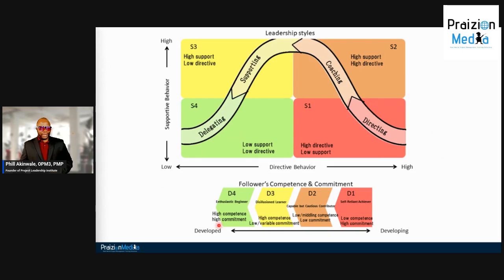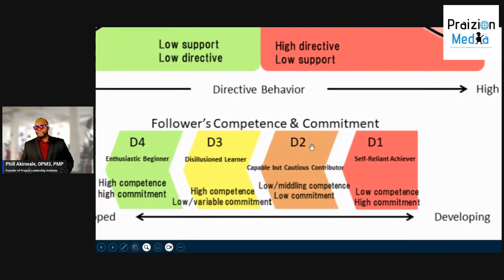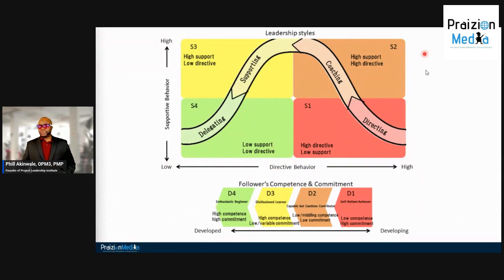If we zoom in here to this S2 quadrant descriptor, we have low middling competence, low commitment. So this tells you one of our goals in S2 is to up the ante on the person's disposition to the task and their confidence.